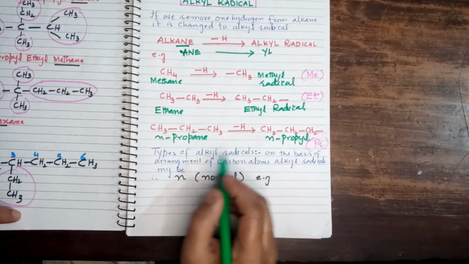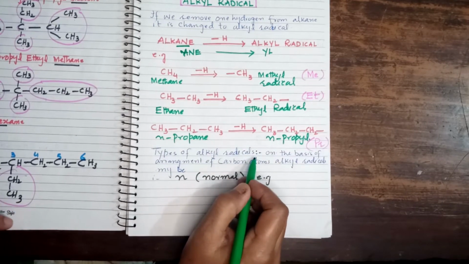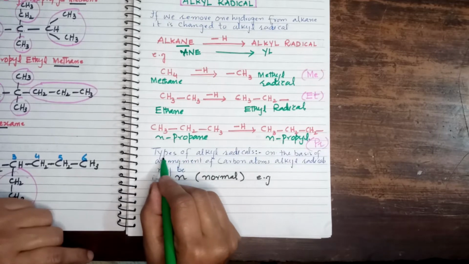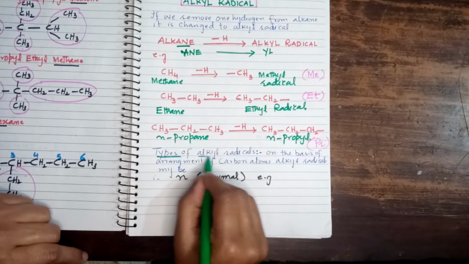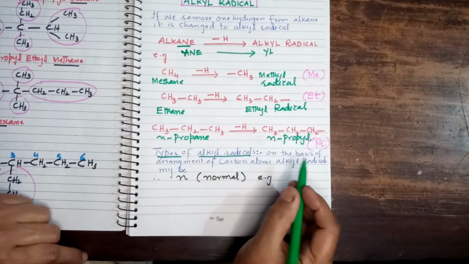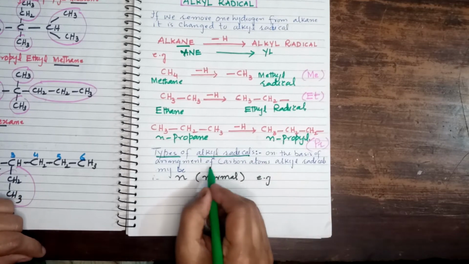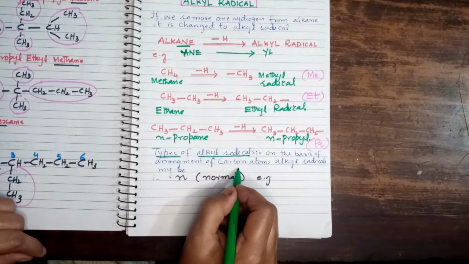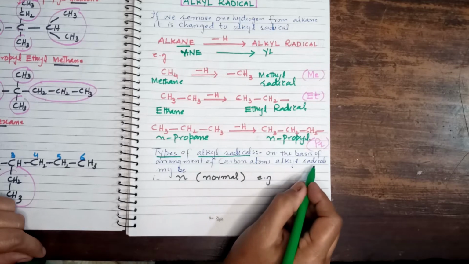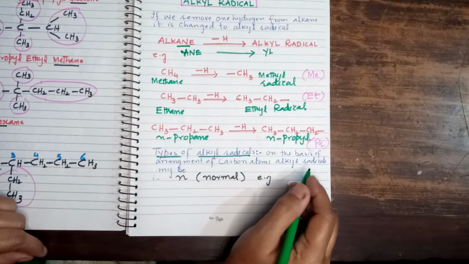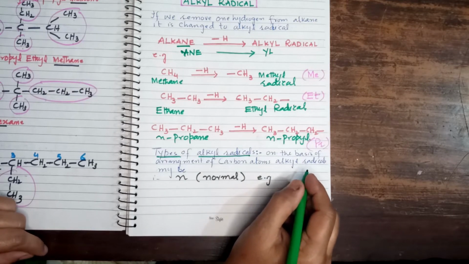Now, types of alkyl radicals. How many types of alkyl radicals do we have? On the basis of arrangement of carbon atoms, we can categorize alkyl radicals into different categories.